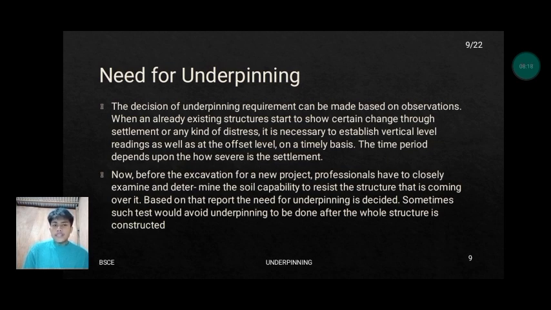This time period depends on how severe the settlement is. Before excavation for a new project, professionals have to closely examine and determine the soil's capability to resist the structure that is coming over it. Based on that report, the need for underpinning is decided. Sometimes such tests would avoid underpinning having to be done after the whole structure is constructed.